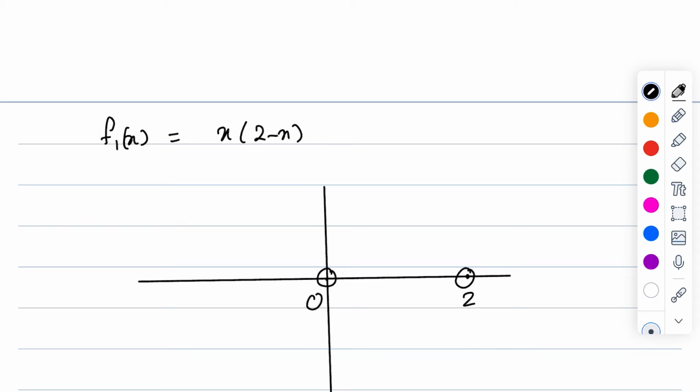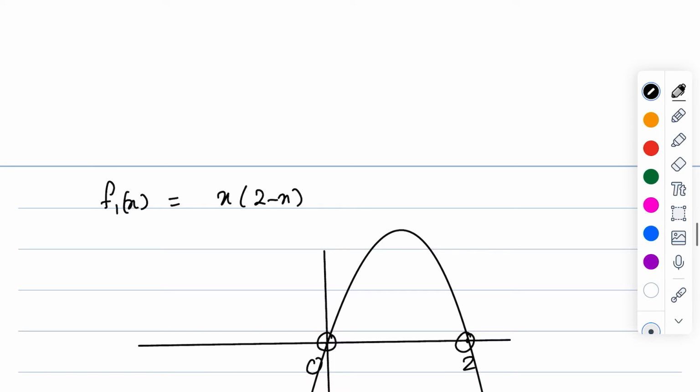And it is an inverted parabola because it is minus x square. So draw an inverted parabola with minus x square. And we need to know the maximum point also, because the question is asking what is the maximum point and the minimum point.